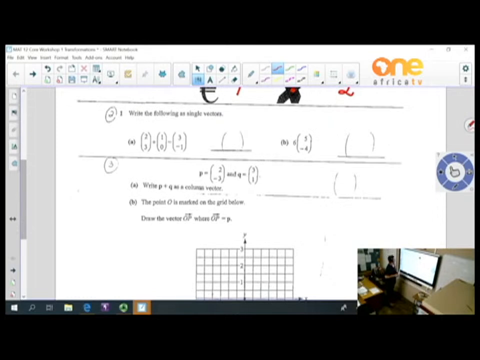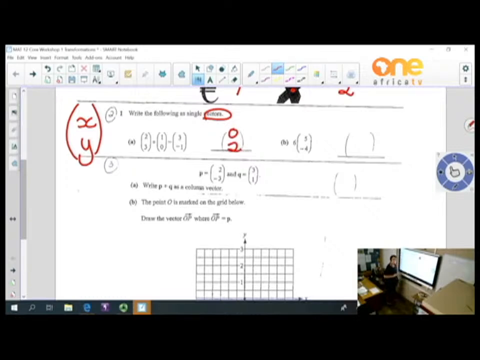Question 2. Write the following as a single vector. So now we're looking at vectors, column vectors, and you will remember we said now this is X, Y, a column vector. We can add and subtract them, and then you work with X and X and Y and Y. So 2 plus 1 minus 3 is 0. 3 plus 0 minus 1 is 2.